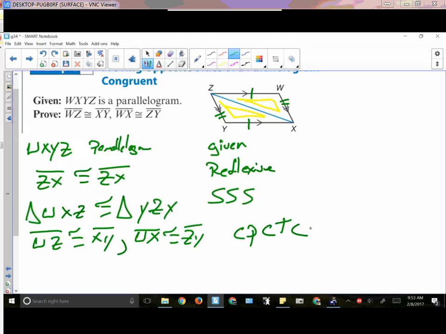CPCTC. That's what that was, something you guys couldn't quite remember when it came to one of the quizzes. So, that's it. Those three statements, four if you like, justify that those sides are congruent. As long as you can justify why you make the statement with one of the rules that we have, you're good.